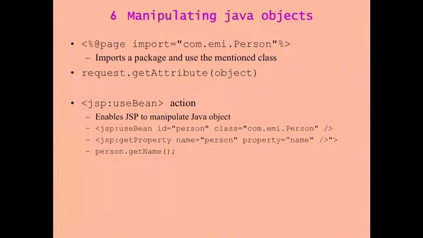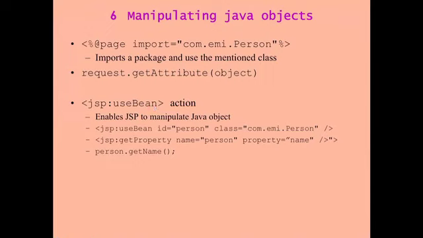So in this case, of course, I should specify the name of the class that I would like to import, that I would like to manipulate. So I call the import using the page annotation, okay? And then I'm going to use the getAttribute with the name of my object. And of course, as explained before, I'm going to use also the useBean action.